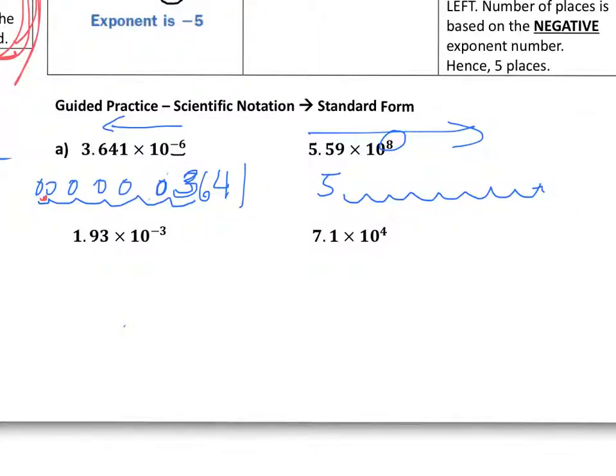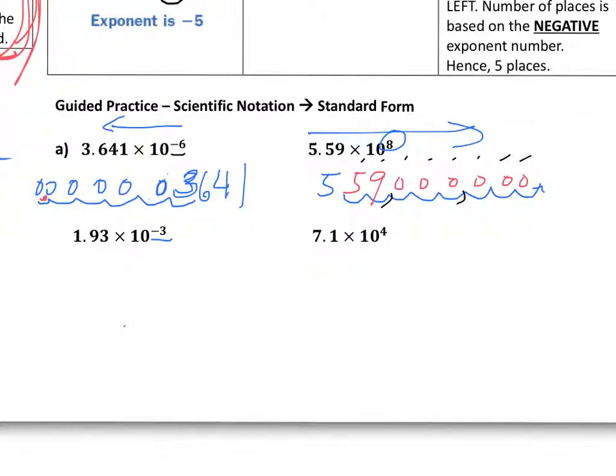Why don't I use a different color? 5, 9, 0, 0, 0, 0, 0, 0. So let's double check. 1, 2, 3, 4, 5, 6, 7, 8. Yes. Okay, so that's our answer.